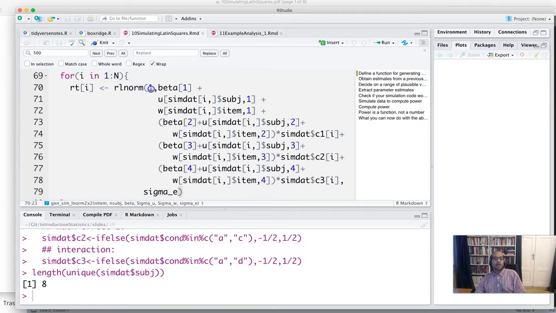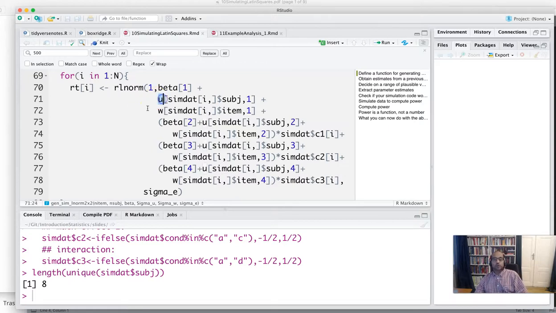I'm going to generate one random data point with standard deviation sigma e, which will be a parameter that I give to the simulation code. And I will use exactly the same method that I have shown you earlier. I'm going to have my fixed effects, the beta 1, then the intercept adjustment by subjects and by items will be computed as I had discussed earlier.